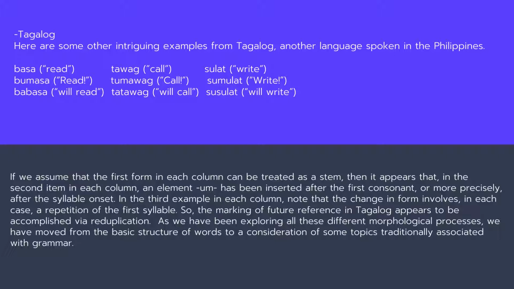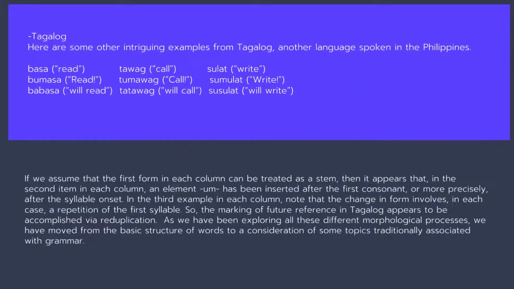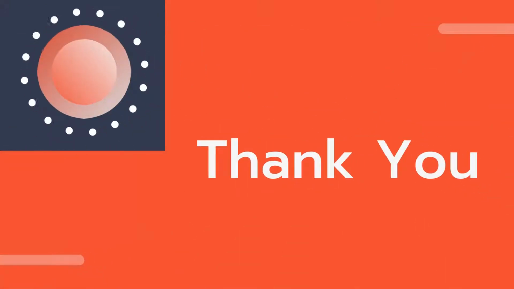So, the marking of future reference in Tagalog appears to be accomplished via reduplication. As we have been exploring all these different morphological processes, we have moved from the basic structure of words to a consideration of some topics traditionally associated with grammar.